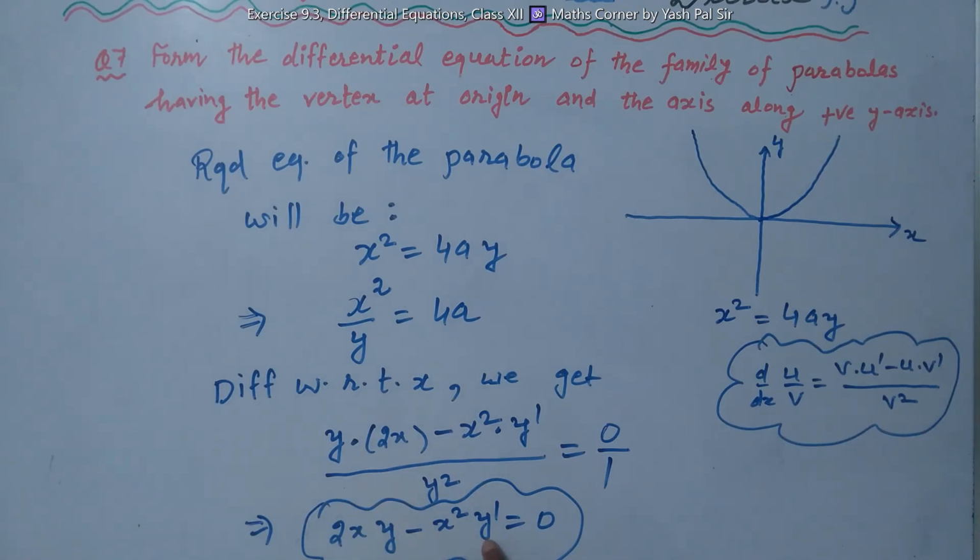Moreover, this is a differential equation because at least one y dash is available. y dash, y double dash, y triple dash, such type of derivatives of one dependent variable with respect to the independent variable should be involved in any equation. That equation is called a differential equation.